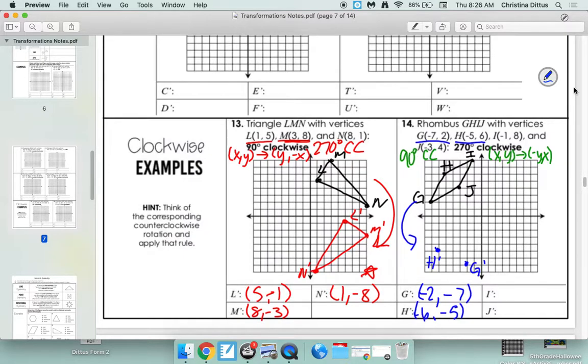(Negative 8, negative 1). And J's new coordinates: (negative 4, negative 3). And again, we have a parallelogram shape that looks about the same. All right, questions?